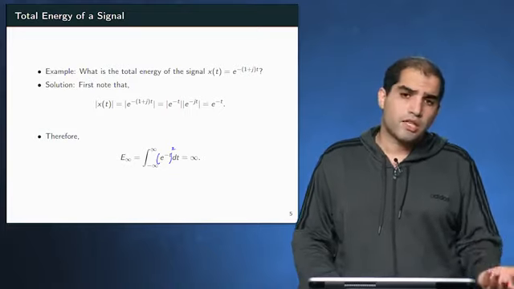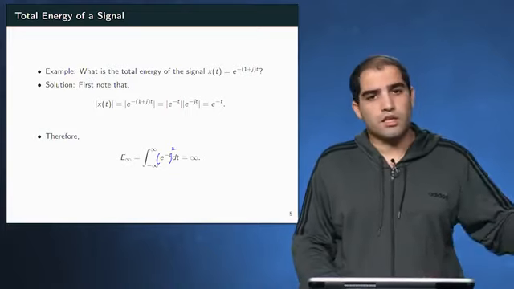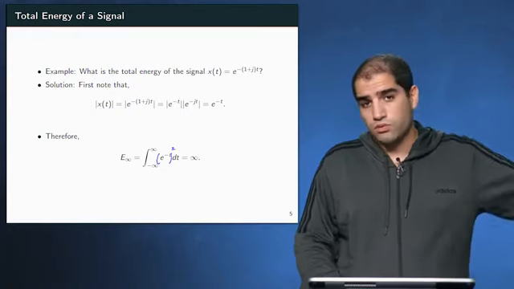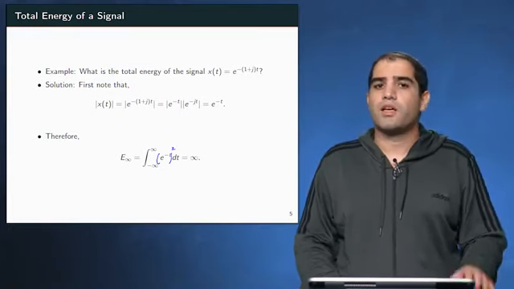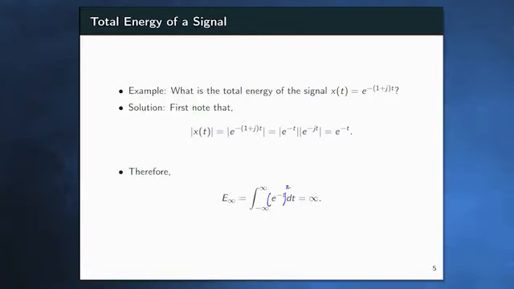In this case, as t goes to negative infinity, e to the negative 2t goes to infinity. So the value of this integral is going to be infinity, and hence the total energy is infinity, and this signal is not a finite energy signal.